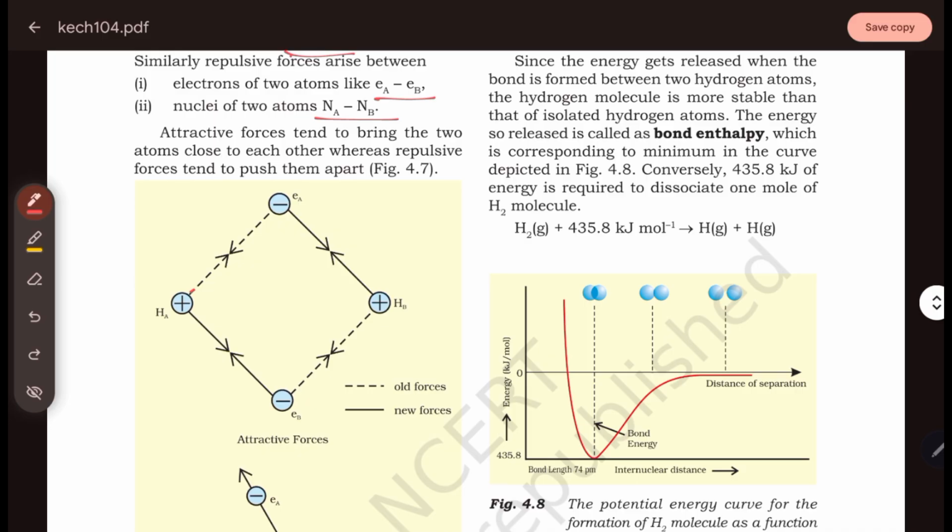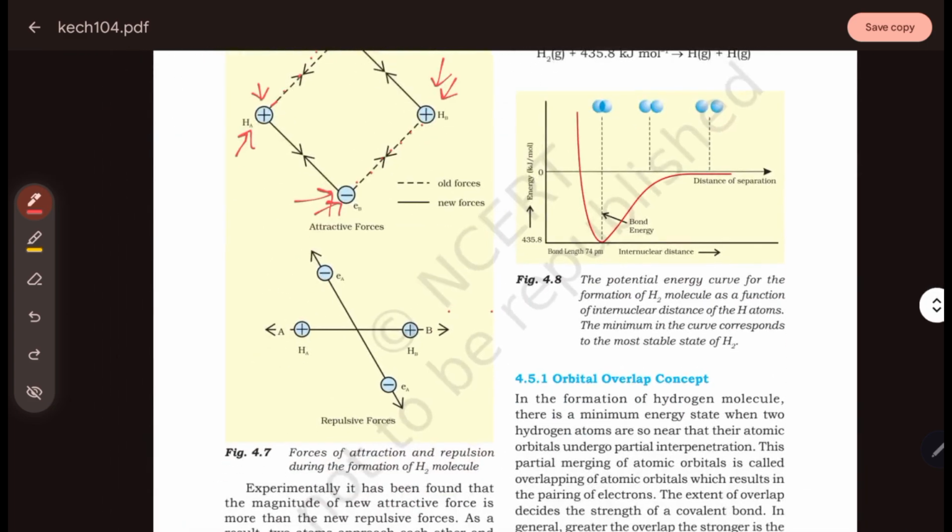Here the dotted lines we can see are the forces that exist between the HA nucleus and the electron cloud of HA. These dotted lines are the attractive interaction between the nucleus of B and the electron cloud of B. Now, in a bonding scenario, when the two atoms are approaching each other, there occurs attractive interaction between the nucleus of A and the electron cloud of B, and between the nucleus of B and the electron cloud of A. So this is the diagram.